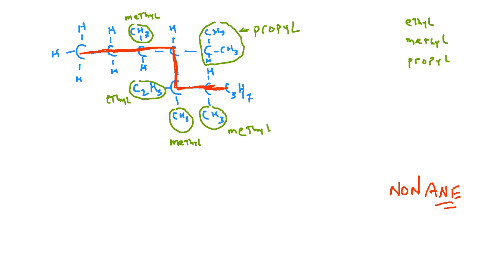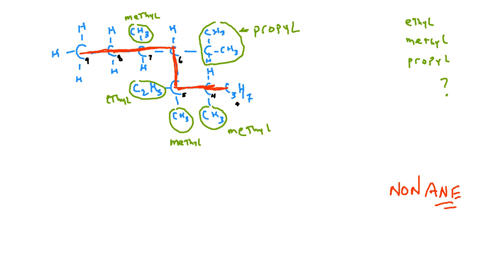Okay, now we have to determine which direction we are going to go in. If we start from the bottom, okay, I'll do this in black. This is carbon 3, then this would be carbon 4, carbon 5, carbon 6, carbon 7, carbon 8, and carbon 9.